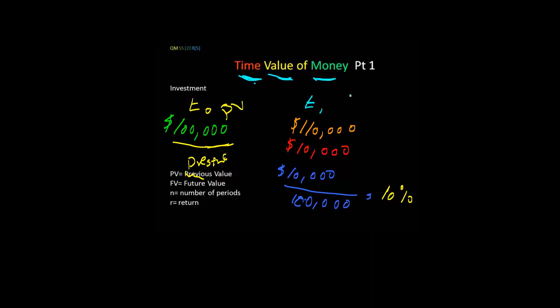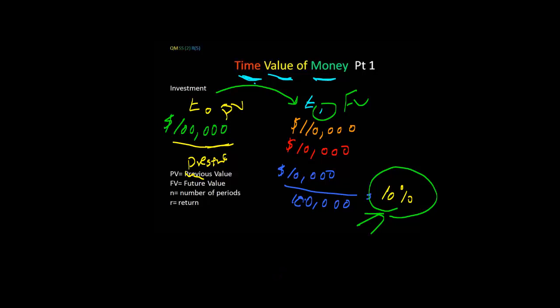It's in the future. The number of periods we have here, we had only one period. So we moved from T0 to T1, and that's one period. And then the R, or our return, is 10%. So the 10% is called a return.